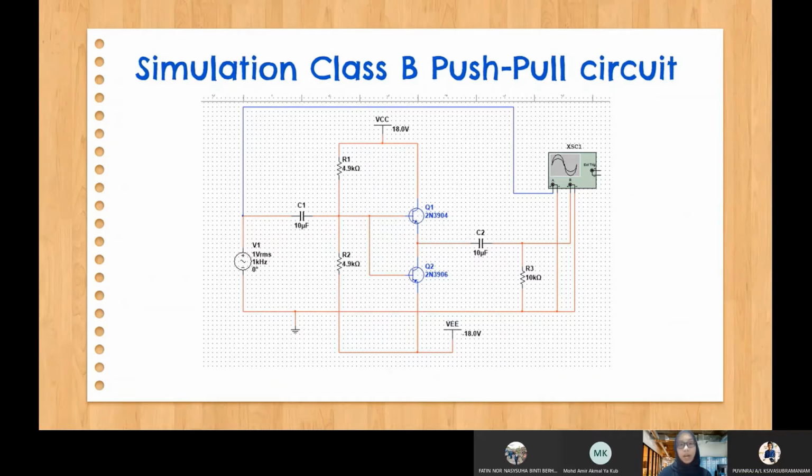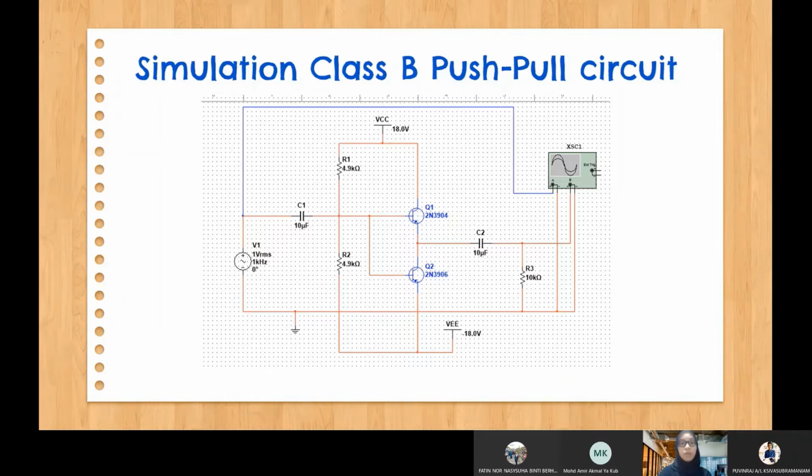We know that there is only 0.7 volt between base and emitter. This is why only the NPN is turned on. Then the output will be produced from the load R3, getting signal from the positive VCC. Basically, the transistor will be biased and the power supply will push current to produce the output.